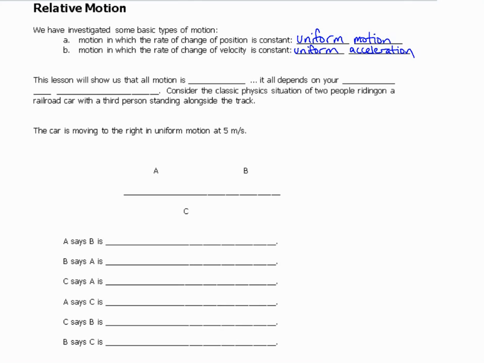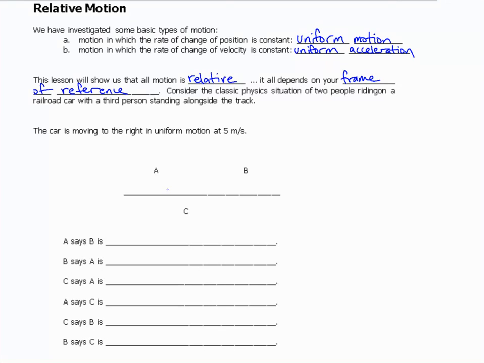This lesson is going to show us that all motion is relative. In other words, it all depends on your frame of reference. Consider the classic physics situation of two people riding on a railroad car with a third person standing alongside the track.